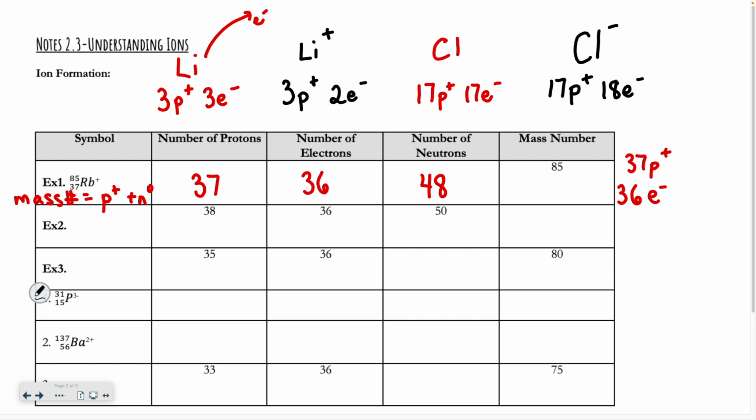Let's look at another. Here, I've got 38 protons, right? So 38 is going to go on the bottom. The number on top is going to be my mass number. So remember, mass number is protons plus neutrons. So 38 plus 50 is 88. And then I'm going to write 88 up top.